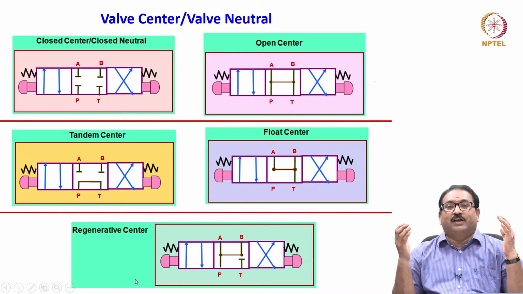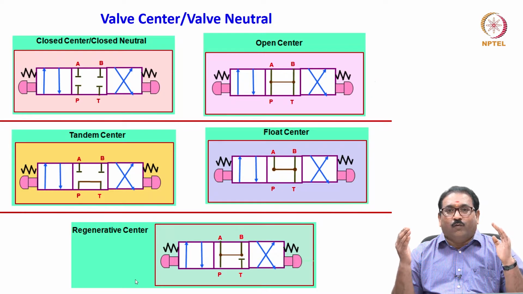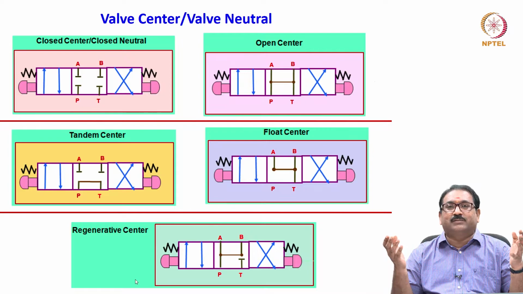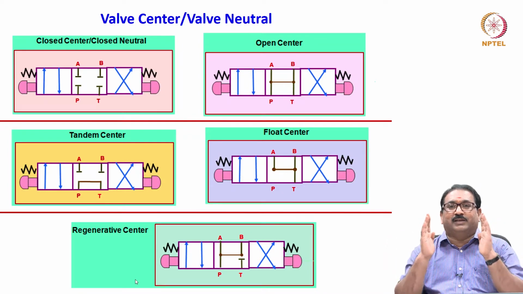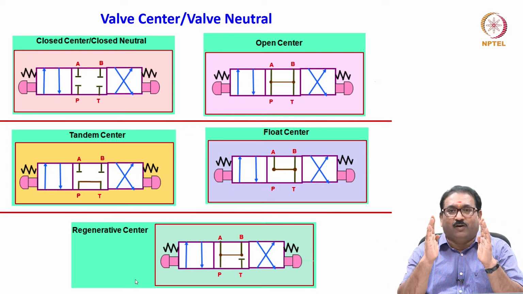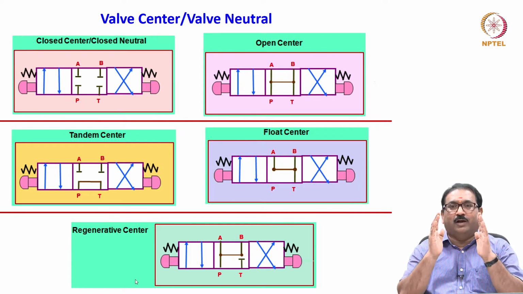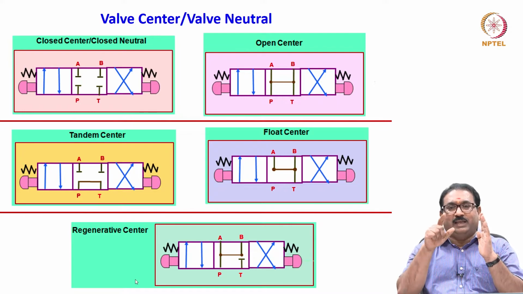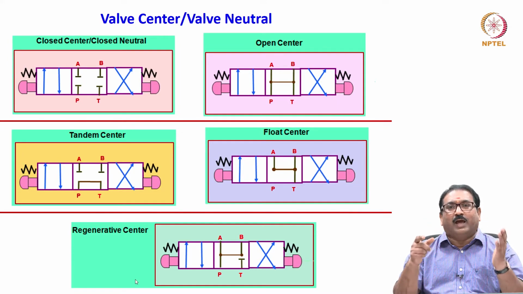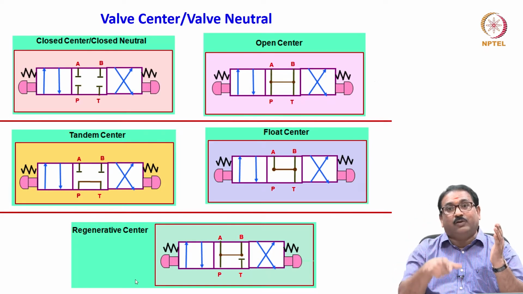You see, friends, how many types of valve configurations are available in the market to suit a variety of customers. All are concentrating mainly on the center position. Whether all ports are blocked, all ports are open, or only P and T connected, or A and B connected to the tank, or A and B connected to the pump line.